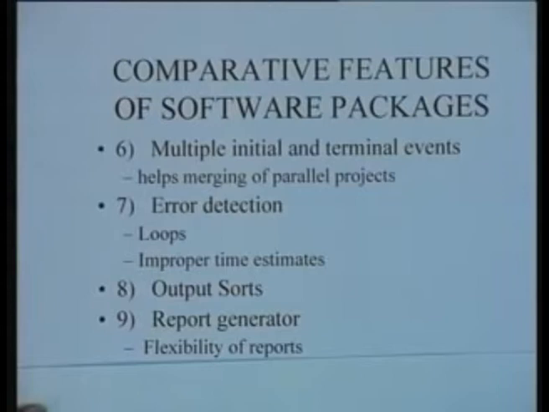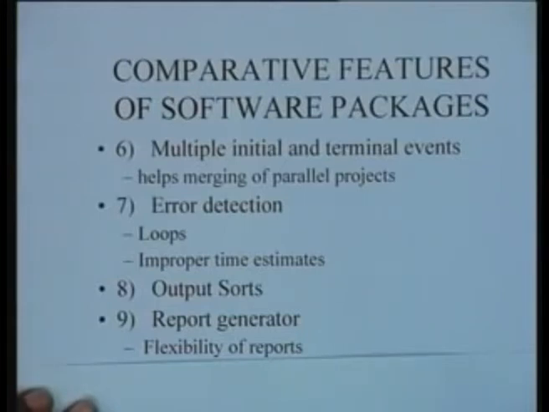And this kind of report generator typically has flexibility of reports, because depending upon whether you want an activity listing by responsibility code or activity listing by whatever other code you want, you can get this by requesting it, but it would mostly be a menu driven thing, right? You can specify that we can give you this and this and this.